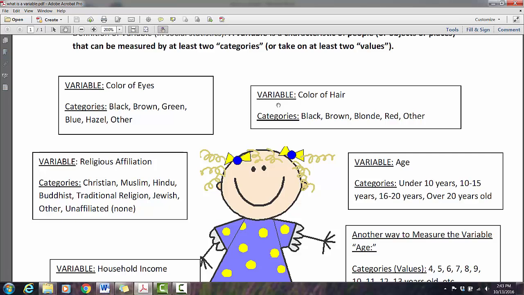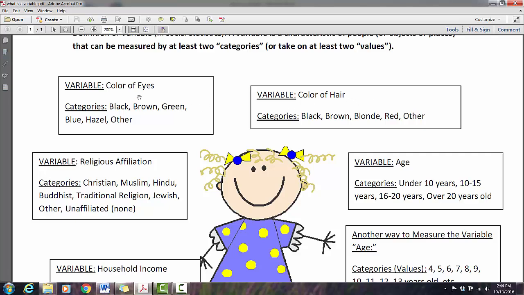If you have several people in a study, let's say you're doing a study with 100 people, one of the characteristics that will vary across these participants is their hair color. They might have black hair or brown hair or blonde hair or red hair, or they might describe their hair with some other color. So those are the categories that describe the variable color of their hair.